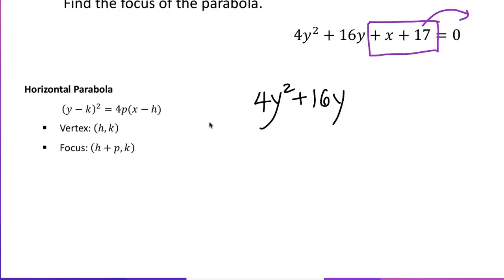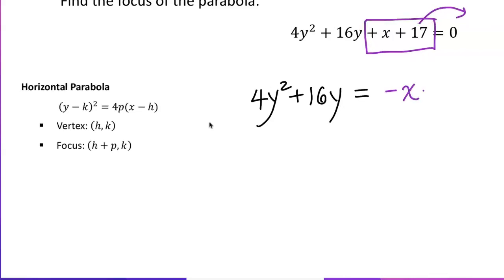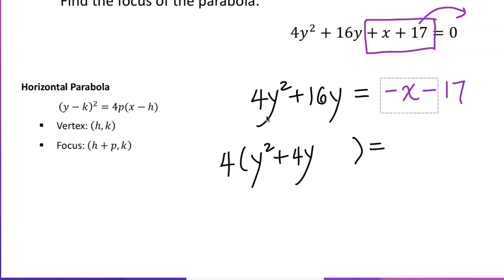So if I move those two to the other side, I'm going to get negative x minus 17, okay? Ignoring this right-hand side for now, I'm going to go ahead and work with the left side, okay? Factor out the 4. Then you get y squared plus 4y equals negative x minus 17.